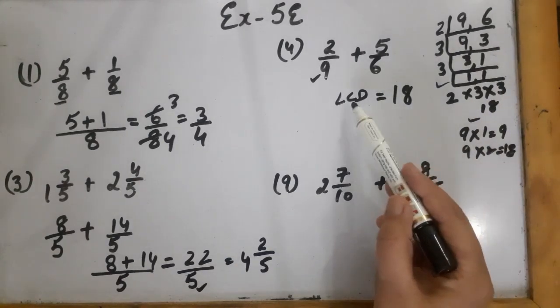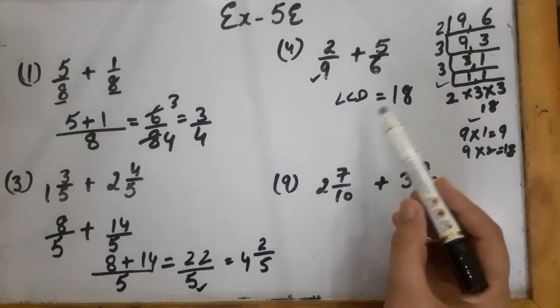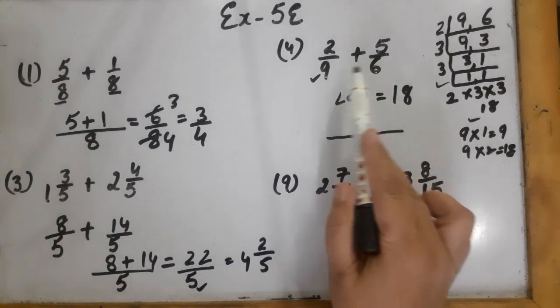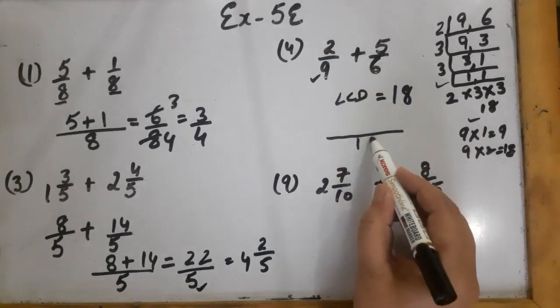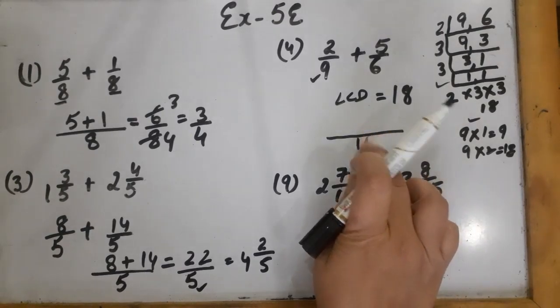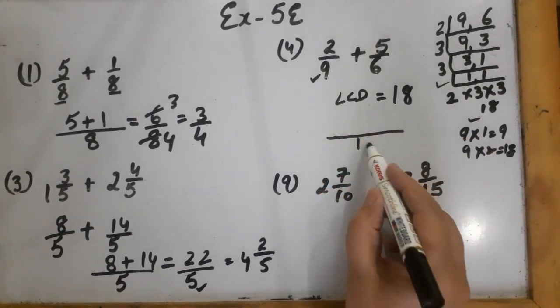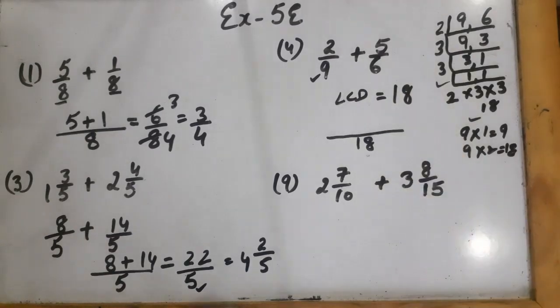Now once I have taken the least common denominator, which is 18, it means both these denominators I will change into 18 so that they become like fractions. Now if I have changed the denominator, I will have to change the numerators also.